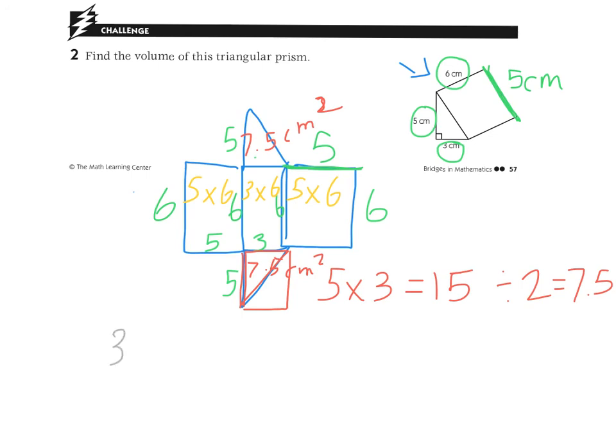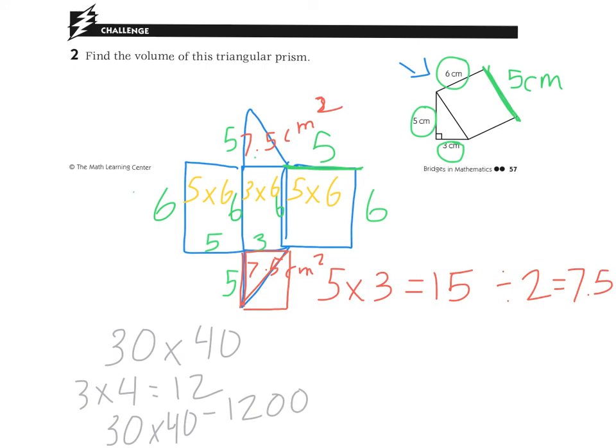So like if we're on the next page, 30 times 40, breaking that down into 3 times 4 first, and then you know 30 times 40 is 1,200.